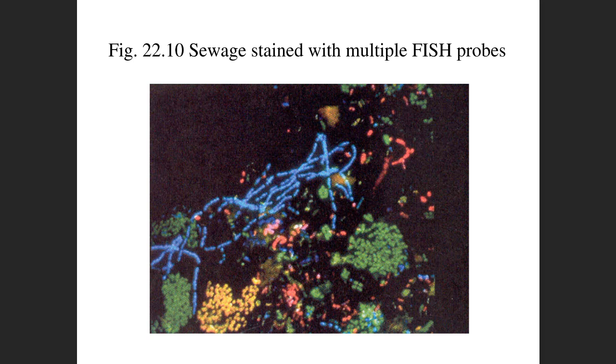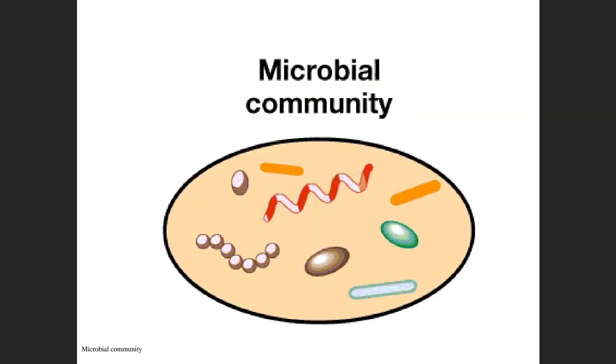Well, okay, so here is what happened. The FISH probe. Let's go back to here. You have each bacteria. Let's say this is E. coli, and this E. coli bacteria has lots of chromosomes.